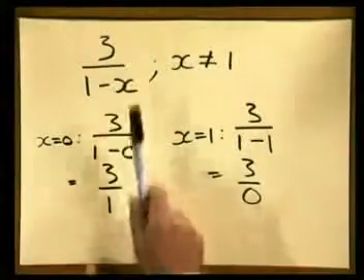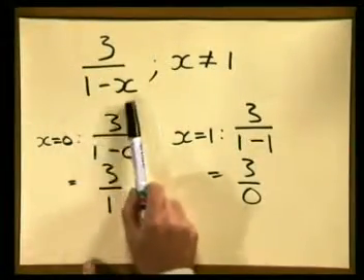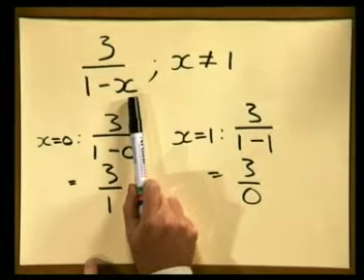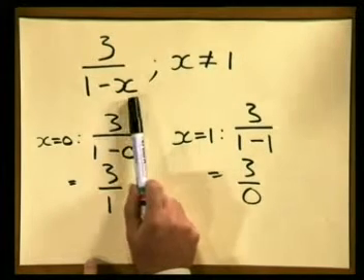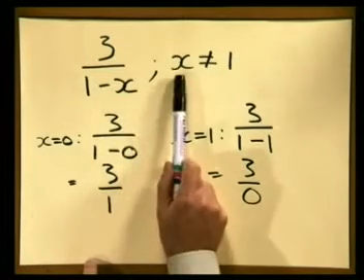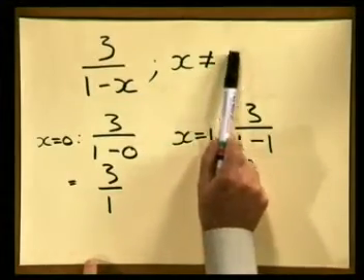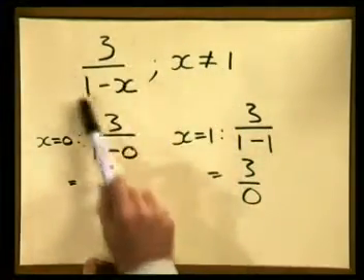Let's go back to the example when we saw restrictions imposed on the input values because of a denominator. In this expression, we can have any input value we like, that is positive or negative numbers, whole numbers or fractions. The only thing we are not allowed is for an input value of 1 to be inputted into this expression.